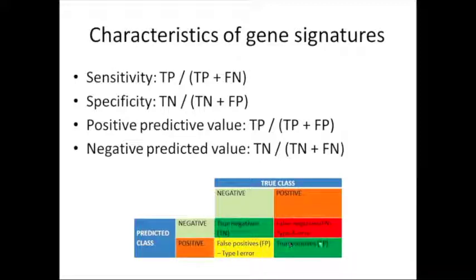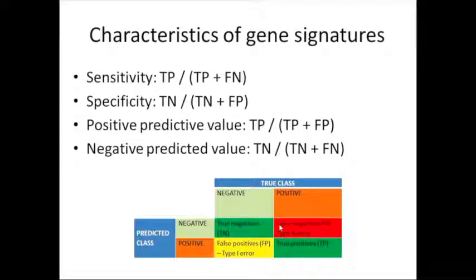So it is the fraction of true positives in the complete set of patients classified as positives. And similarly, negative predictive value is the number of true negatives divided by the total number of patients classified as negatives.